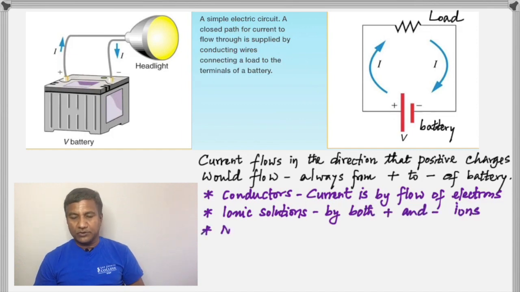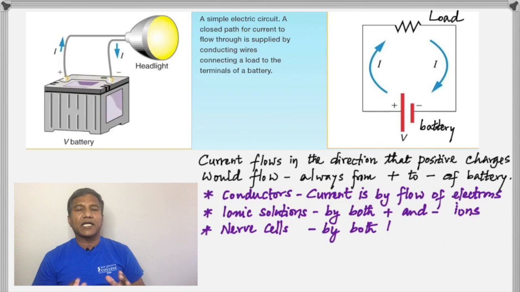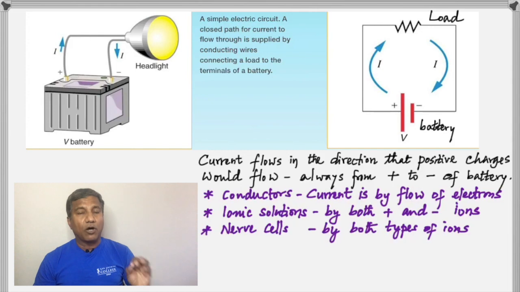And when we come to the human body, inside the nerve cells, again, electric current is by the flow of positive and negative ions. So we could have these different types of electric currents, but always the direction of current is from positive to negative.